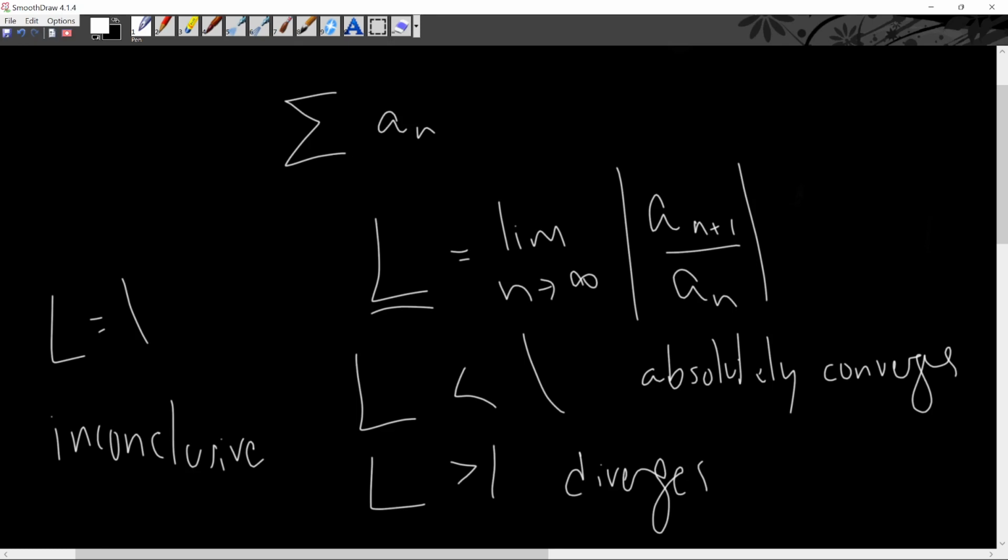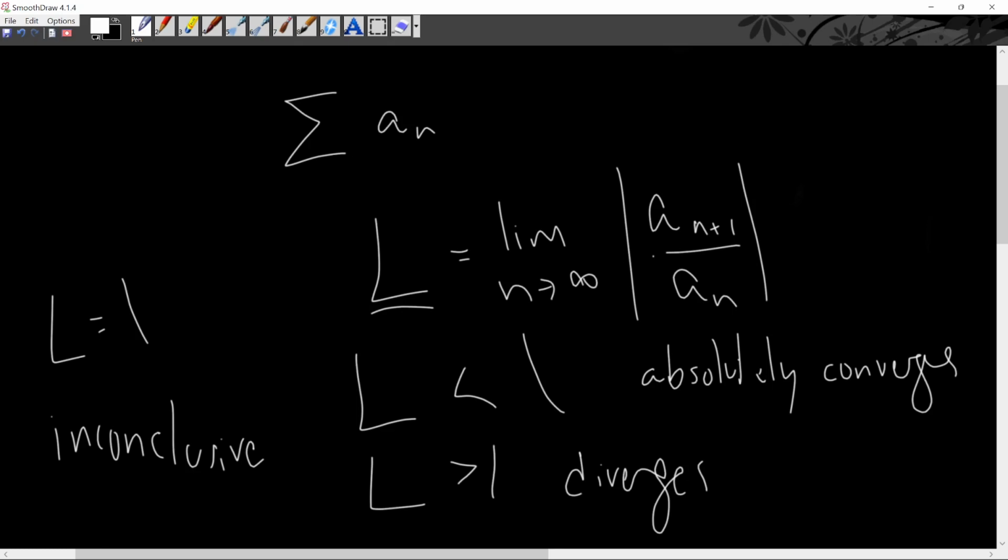That means every subsequent term is a fraction of the term that came before if L is less than 1, right? And if L is equal to 1, or if a sub n plus 1 has the same value as a sub n in terms of the n behavior, then it cancels out and you'll get an inconclusive value.